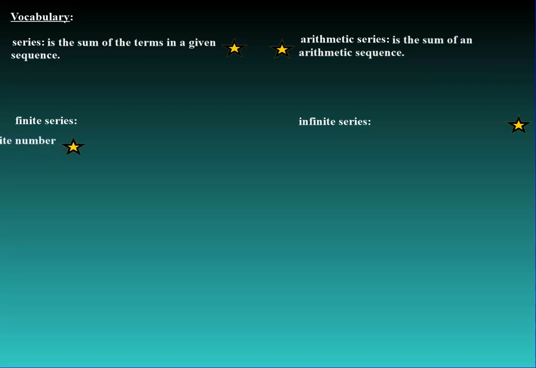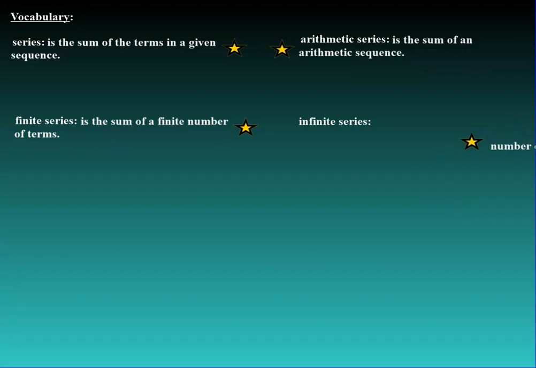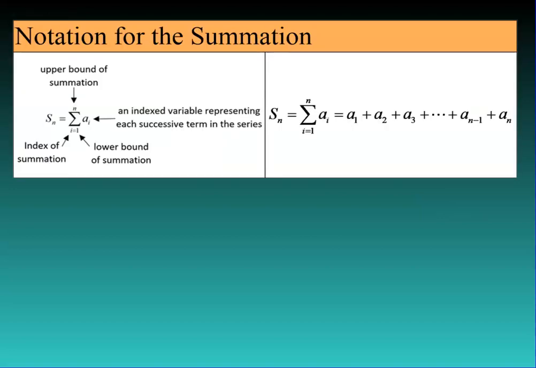Finite series is the sum of a finite number of terms. Catching on to the pattern here. Infinite series is the sum of an infinite number of terms. So basically, if you see the word series, it just means the sum of.